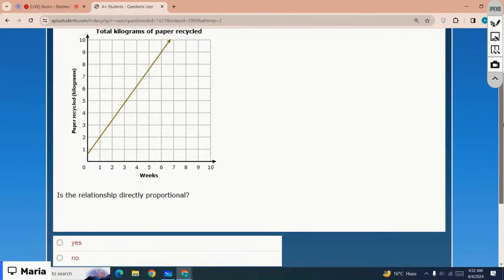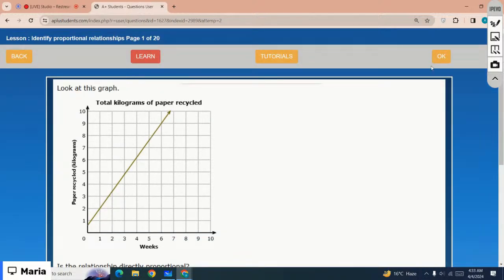Why? The graph is a straight line, right? But the graph is not passing through the origin, so that is not a directly proportional relationship. As in the definition of directly proportional relationships, it starts at the origin, so the correct option is no.